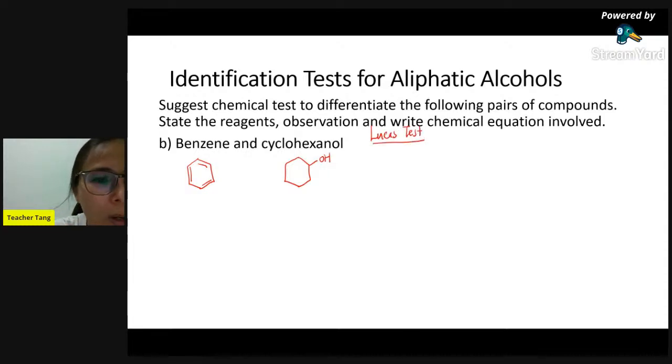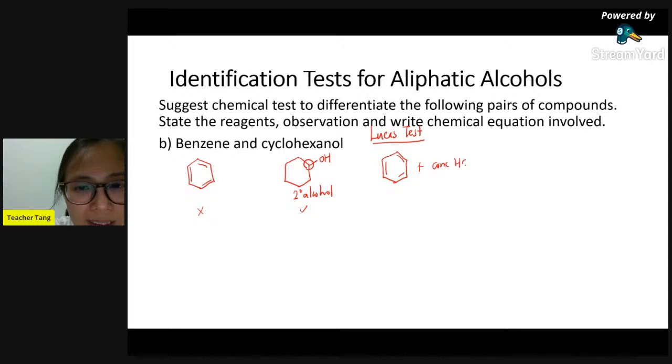Okay, so means that we can only use Lucas test. So Lucas test, shall we look at this alcohol? This is a secondary alcohol. Okay, so secondary alcohol, dia boleh bertindak balas dengan the Lucas reagent, therefore will give you positive result. This one negative result. Okay, so shall we see? Benzene, Lucas reagent is concentrated HCl, zinc chloride.